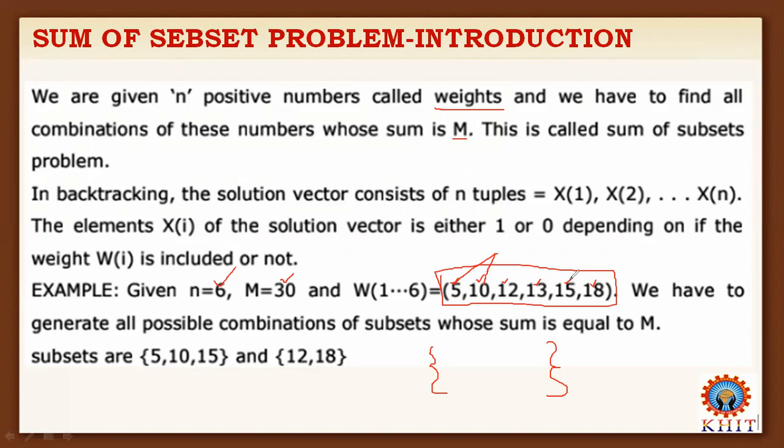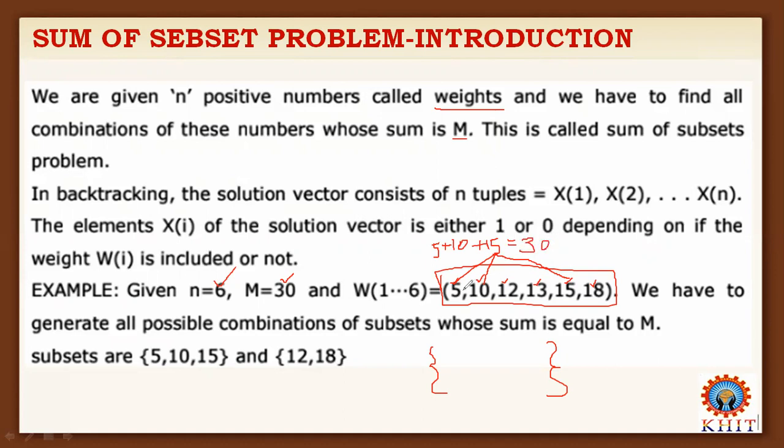Again I select the fifth element of weight 15. If I apply the summation of these three, that means 5 plus 10 plus 15, what is the total weight? The total weight is exactly 30.